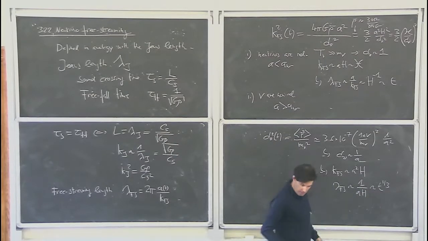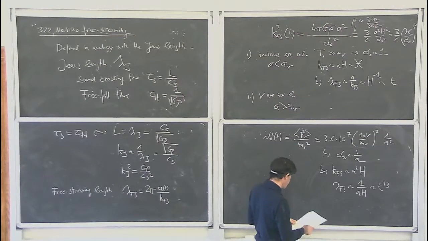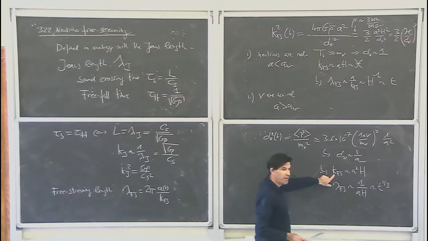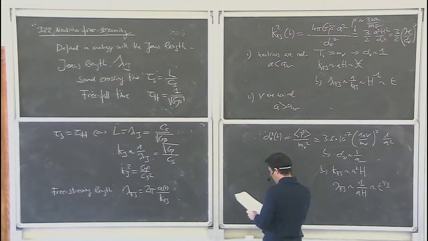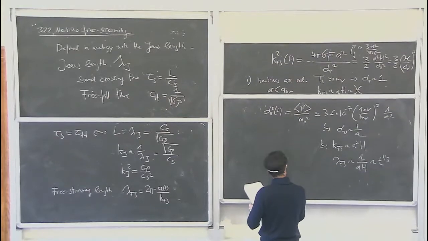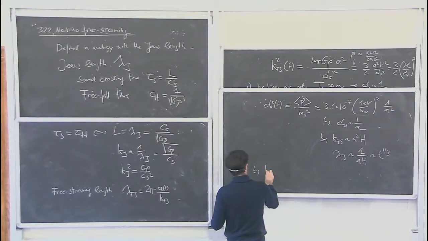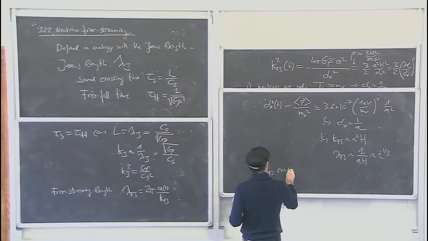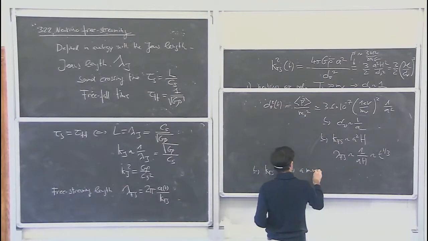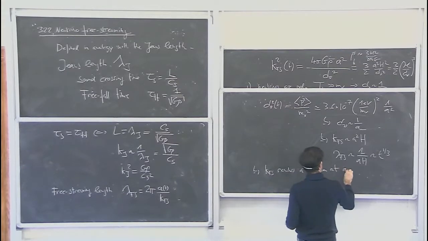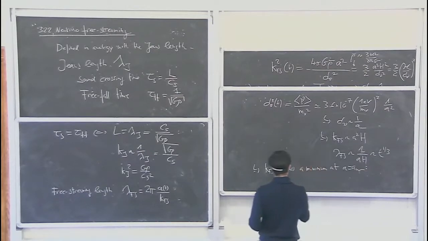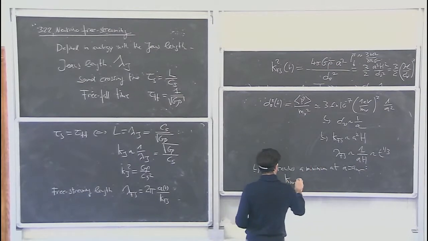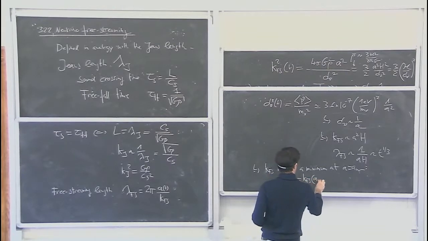What does this mean? Well, this means that the co-moving free-streaming wave number will reach a minimum at the non-relativistic transition. And this minimum value, I will write it k_NR, which is k_FS at a_NR.